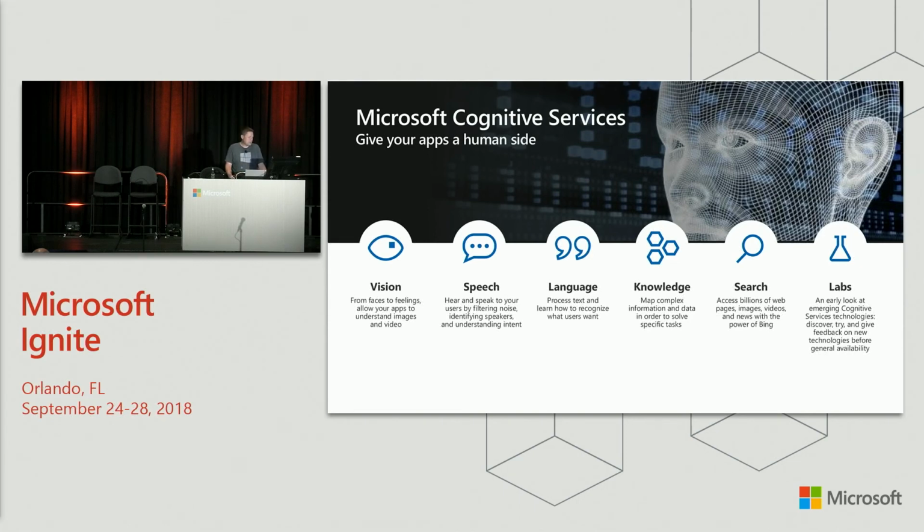With speech, we want to identify speakers by their voice, hear and speak to the users by filtering out noises. So again, we're integrating these into our application. So it's understanding the different options that we have with the cognitive services and then integrating them into our particular applications.